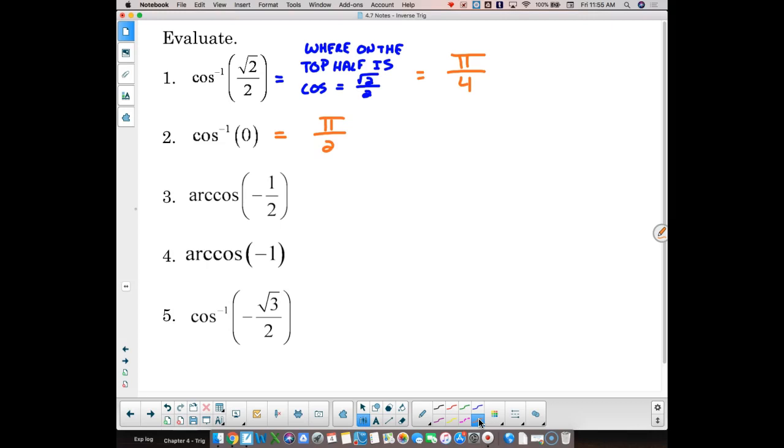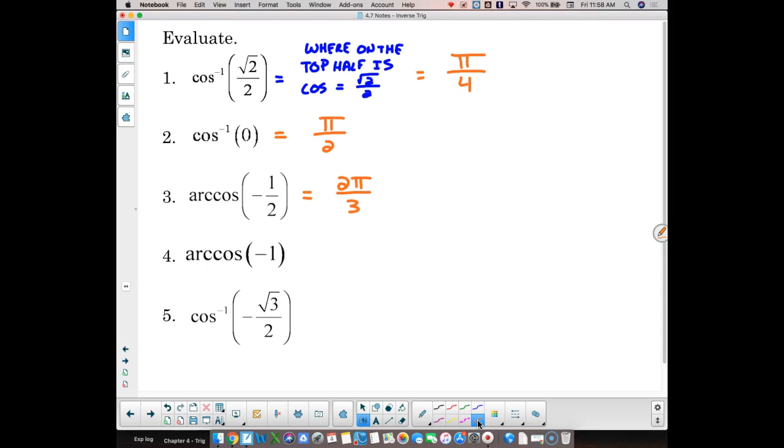What I'd like you to do now is I would like you to do the next 3. Top half, unit circle. Where is the cosine equal to negative 1/2? Agree with 2 pi over 3. I would concur with 2 pi over 3. Top half, unit circle.